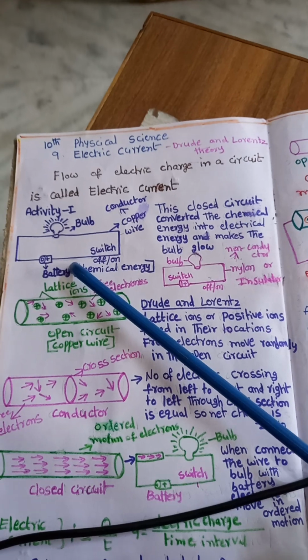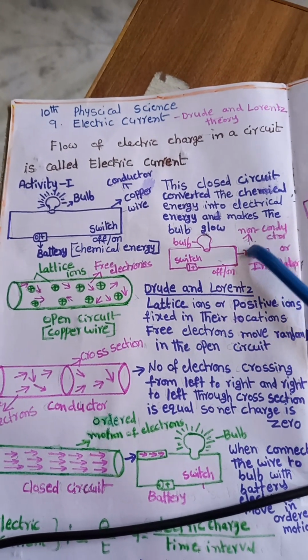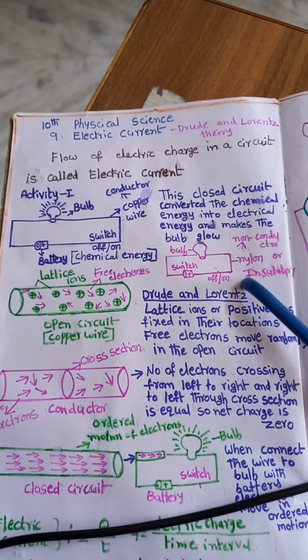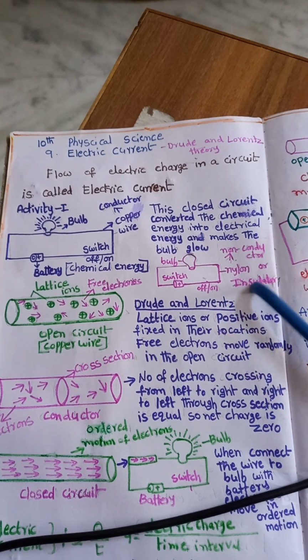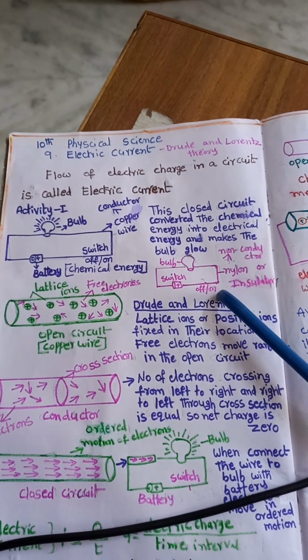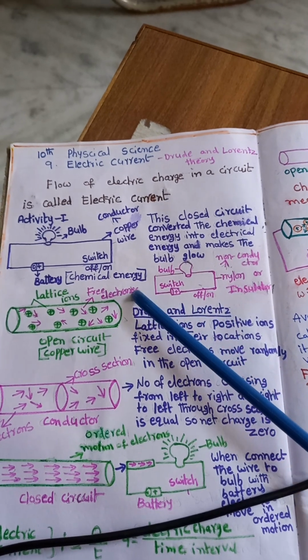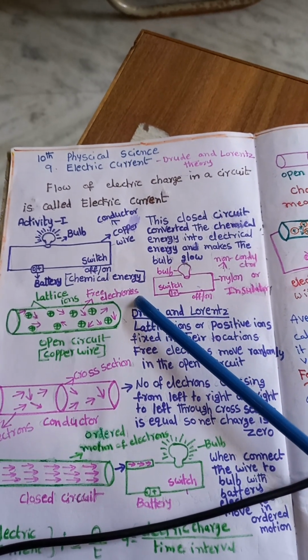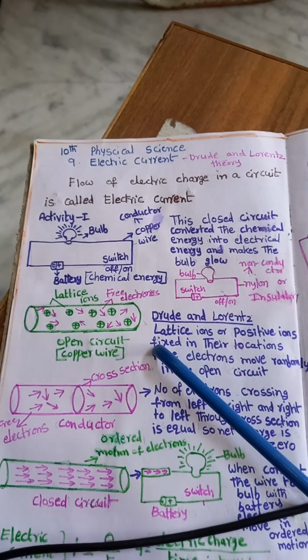Copper wire is a conductor and nylon is a non-conductor. So these non-conductors are called insulators. Insulators means the materials which cannot pass the current, so they are called insulators.